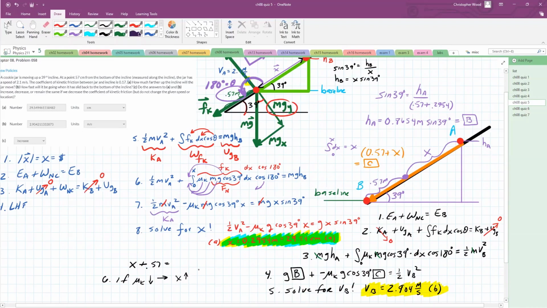The cookie jar is going to go further up the incline because things are slipperier. And by the same token, when it hits the bottom, V_B is going to be larger as well, because if mu sub k decreases, friction steals less energy. So that's why the answer to part C is everything increases.